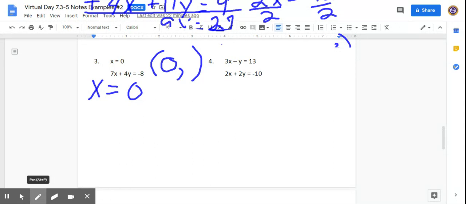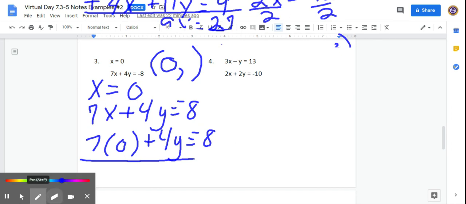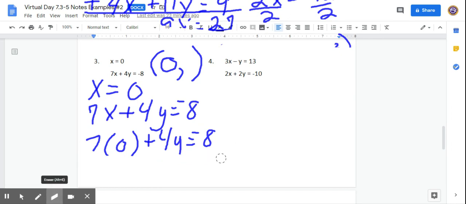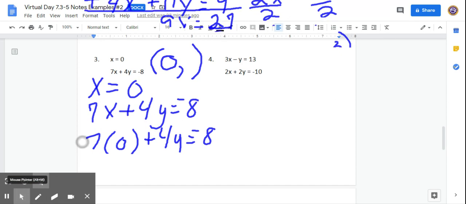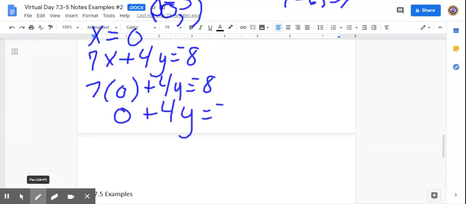So we're going to take 7x plus 4y equals -8 and substitute. 7 times 0 plus 4y equals -8. So now what do we have? 0 plus 4y equals -8.